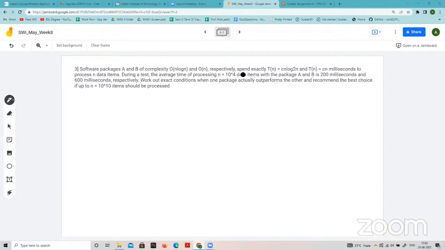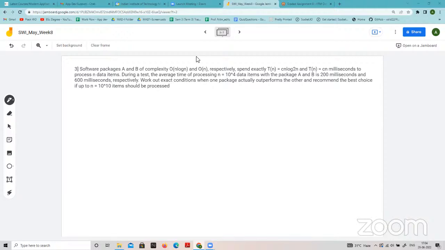Spend exactly T1. These are the complexities only, but the actual functions that define these software packages are this and this. Milliseconds to process the data. During a test, the average time of processing 10 raised to power 4 data items with package A and B is 200 milliseconds and 600 milliseconds. Work out the exact conditions when one package actually outperforms the other.